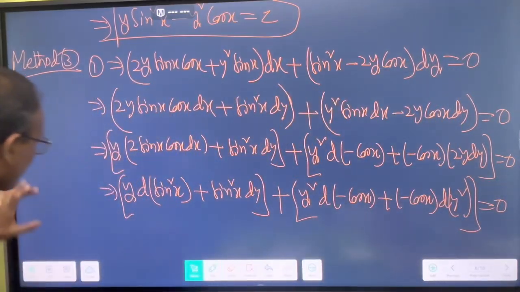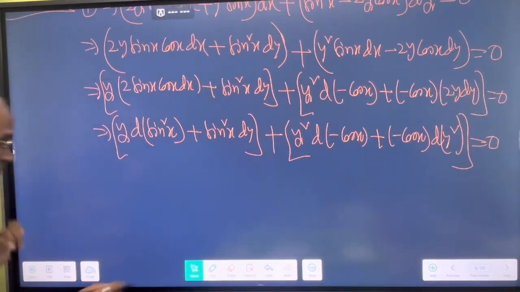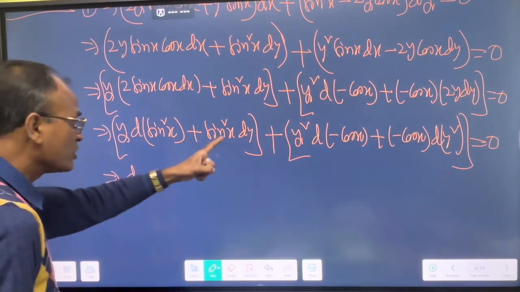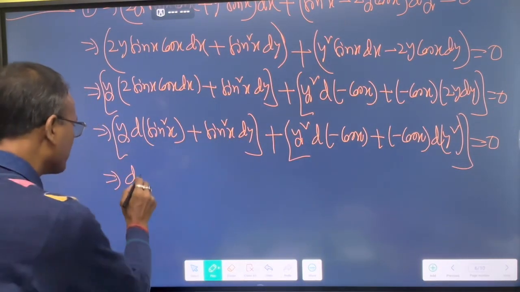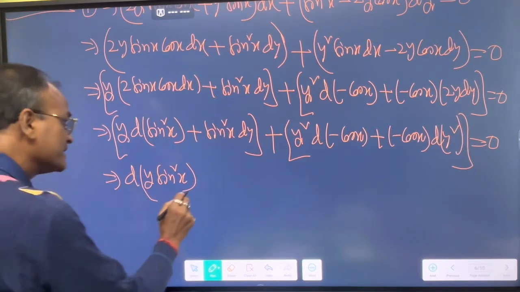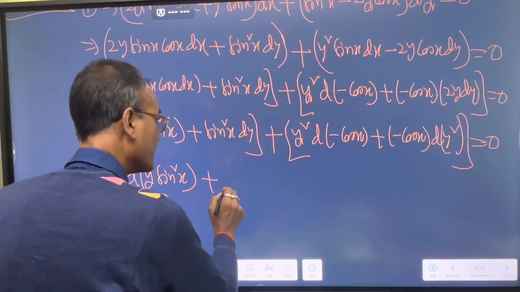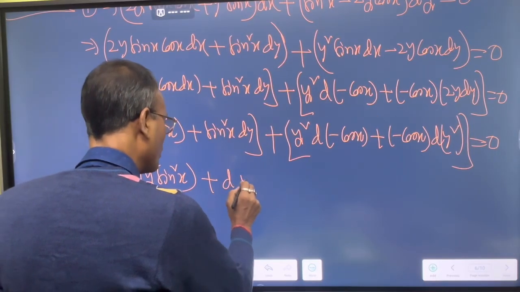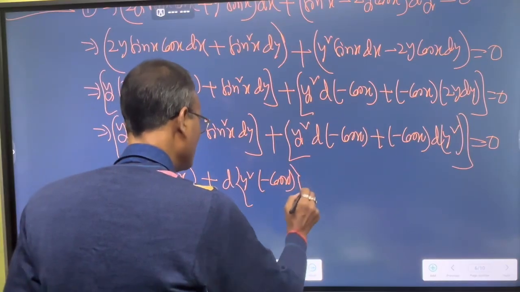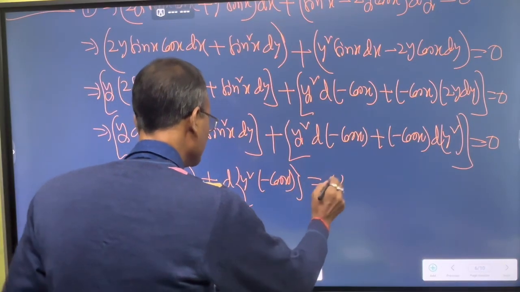Now, this means first function into differentiation of the second function plus second function into differentiation of the first function. So y sin square x plus, it will be d of y square into minus cos x. This is equal to 0.